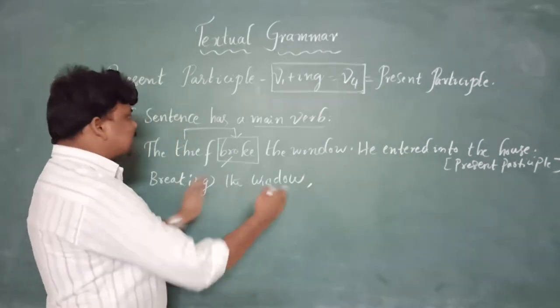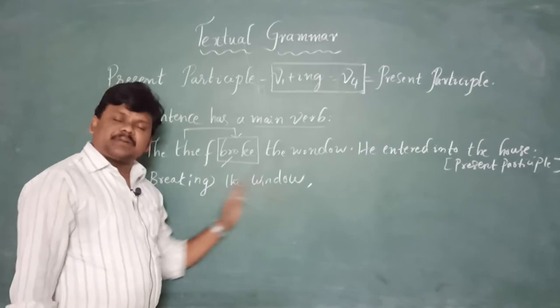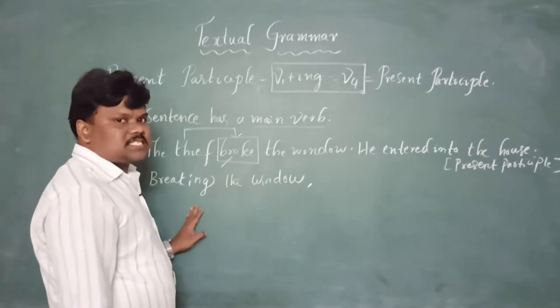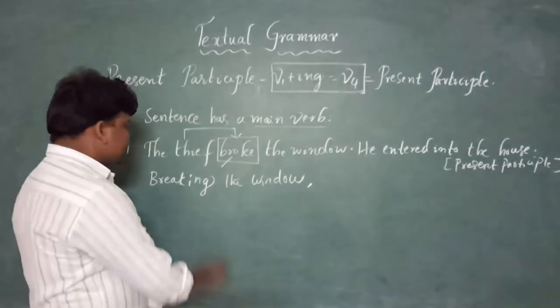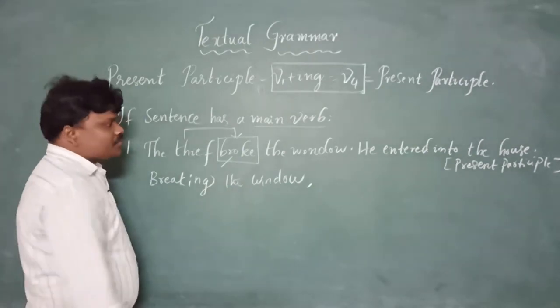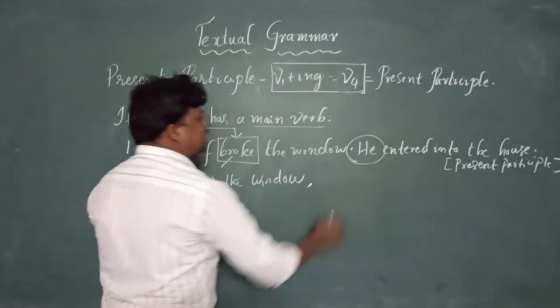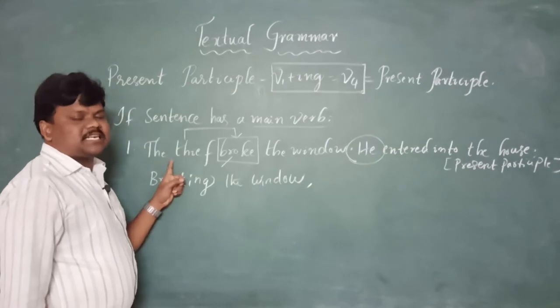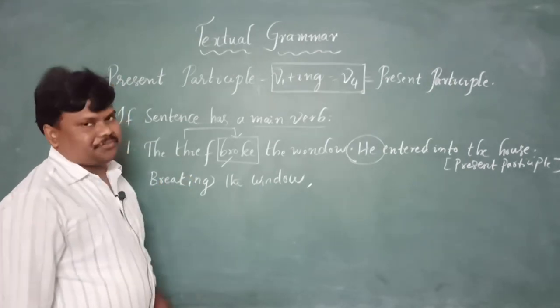We need to separate the participle class and the gerund class compulsorily. So: breaking the window, comma, and replace the pronoun with the noun which is there in the first sentence, that is the thief.